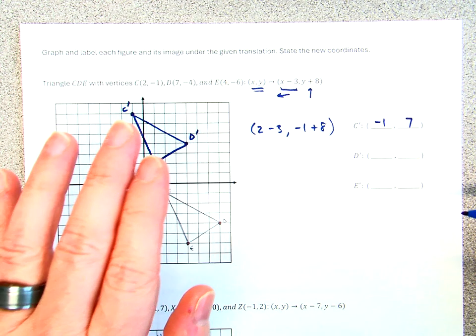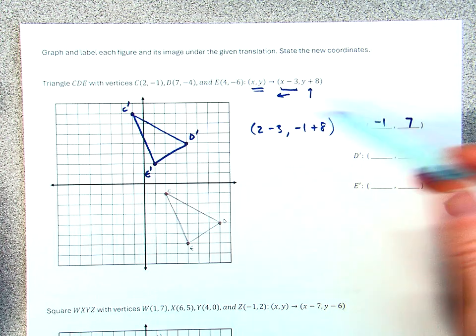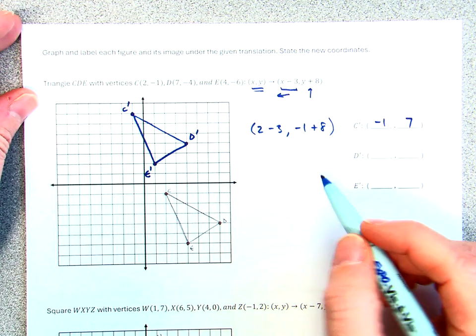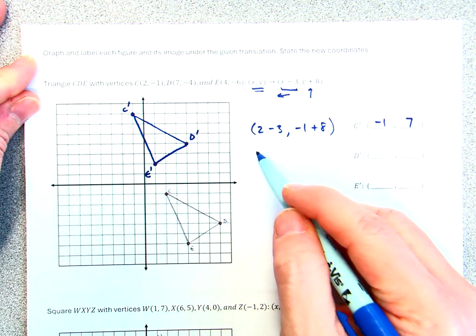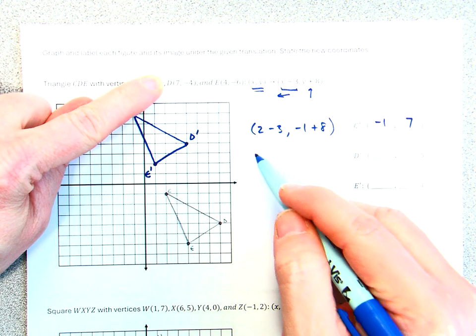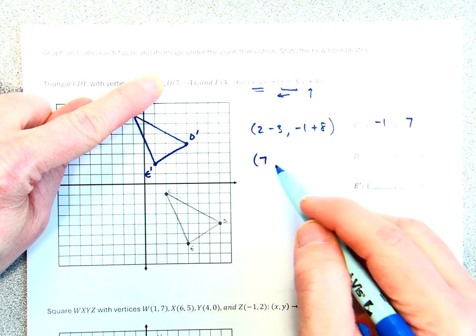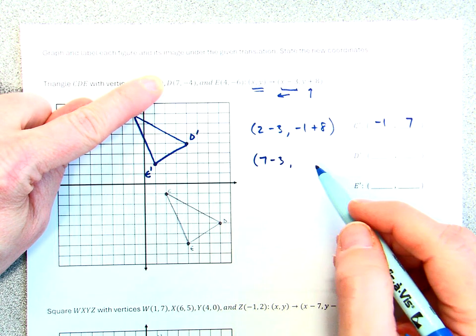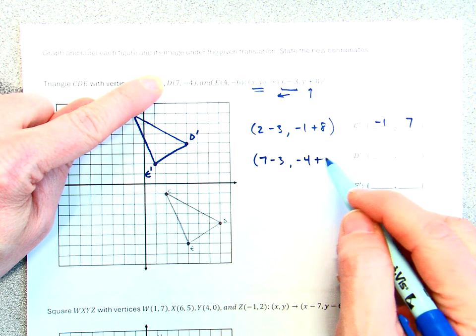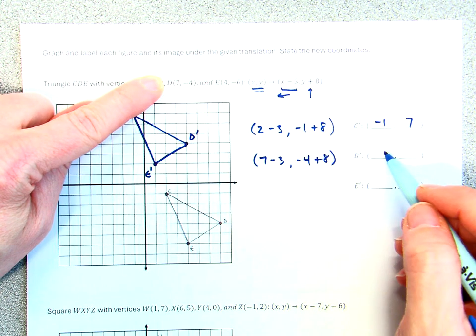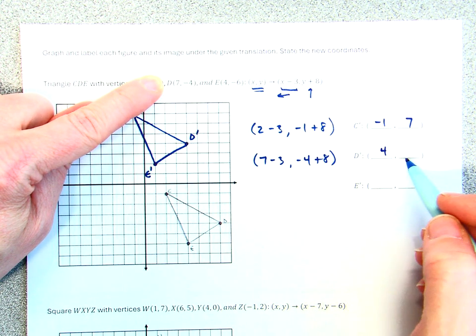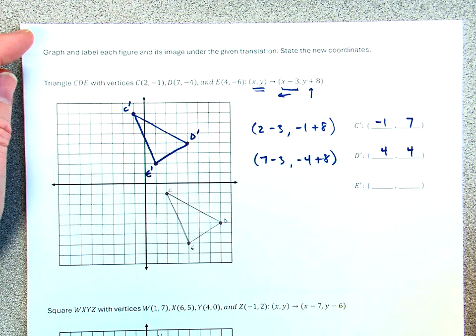So whether you want to do a visual approach or not, or if you just want to do the arithmetic here to make this happen, each way is fine. So if we take D, 7, subtract 3 from the x value, negative 4, add 8 to the y value. So what is that? 7 minus 3 is 4, right?